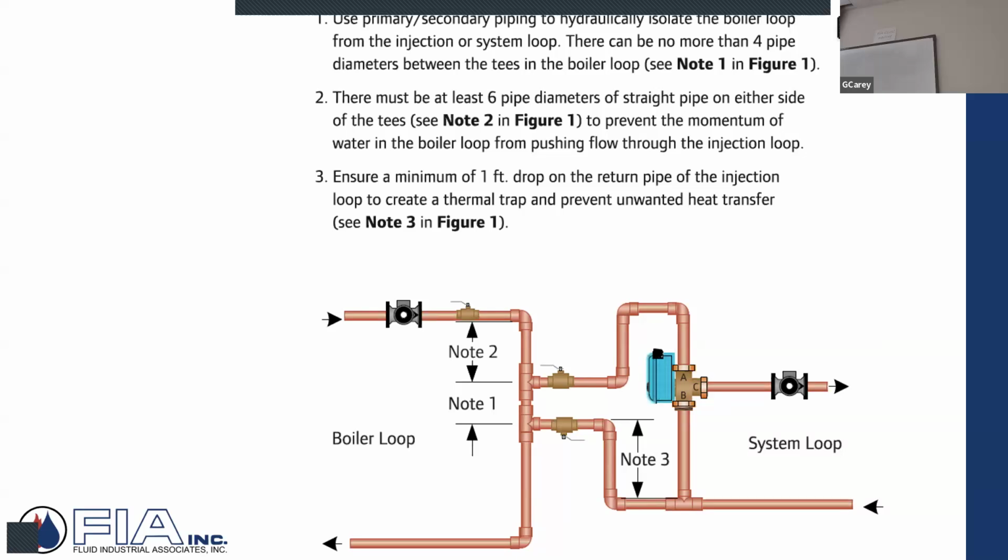But my point being that in their installation manual, where they're talking about using, say, a three-way valve with a system pump connected to a boiler loop, they're going to say, hey, connect this radiant loop with my heat source through this note 1: no more than 4 pipe diameters between the T's and the boiler loop. Closely spaced T's. So all the manufacturers kind of throw it out there. They don't say why, but they say do it.